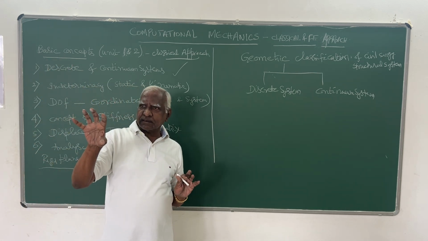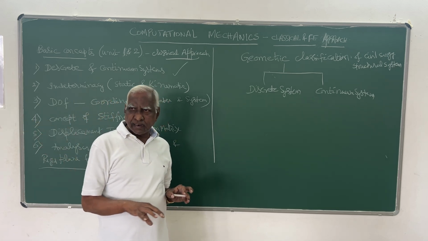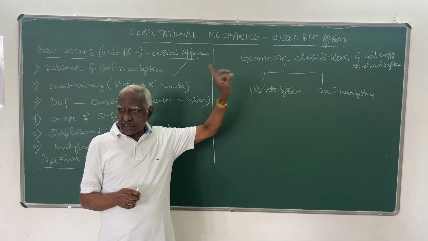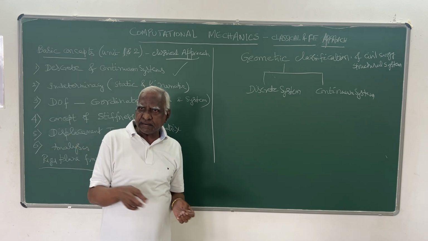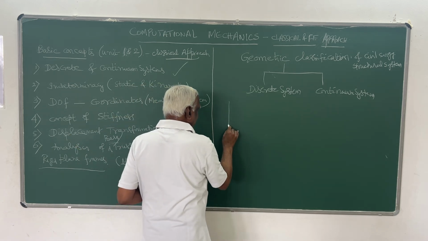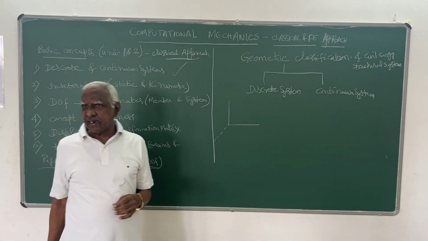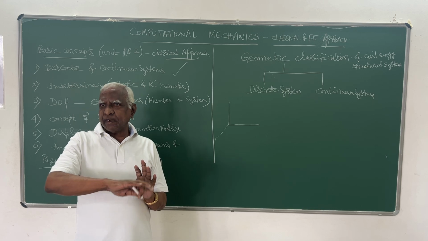So any structure which has volume, lying in space, consists of three dimensions. And these three dimensions we always take parallel to three orthogonal coordinate axes. Orthogonal means mutually perpendicular.